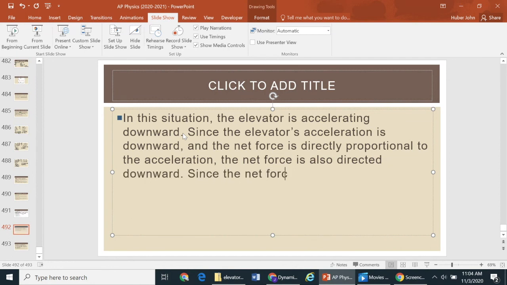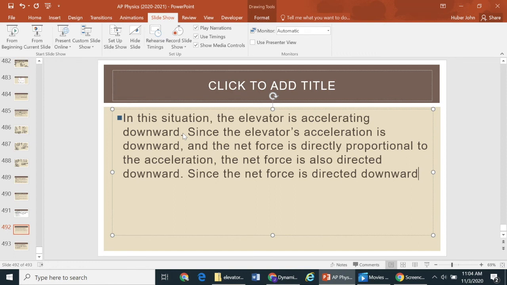Now notice what we've done here: we've established the direction of the acceleration, we've discussed the direction of the net force, and now we just have to compare the forces. If the net force is down, that means the downward force is bigger than the upward force.